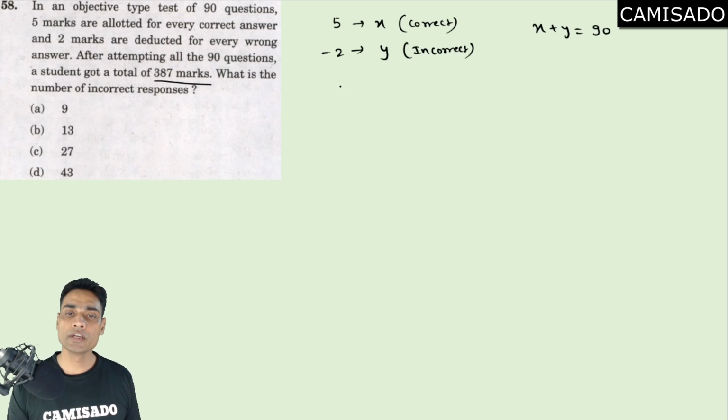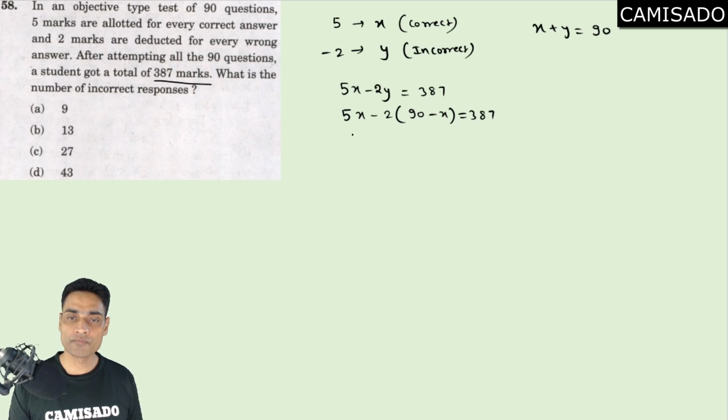387 marks. Means 5x minus 2y equals 387, and x plus y equals 90. So we can solve here. 5x minus 2 times the value of y, which is 90 minus x, equals 387.